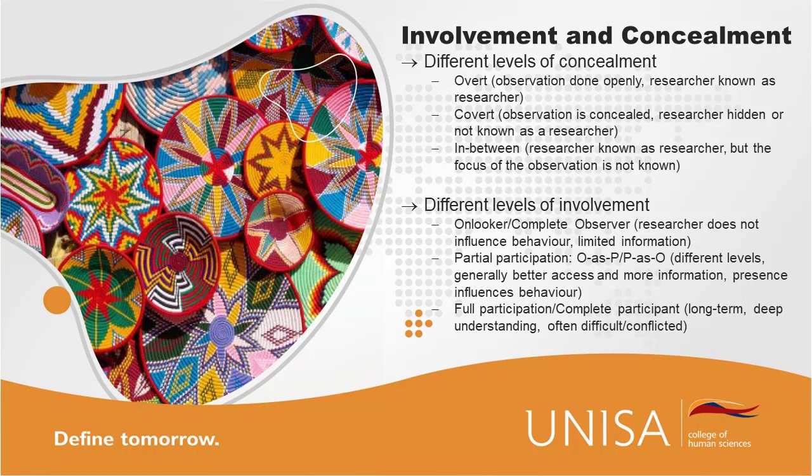The second type is called participant as observer. Here it is the other way around. The word participant is first. So the researcher is a member of the group and is observing them. In the example of the work team, the observer can be an employee of the same organization maybe, or even the manager of that work team.